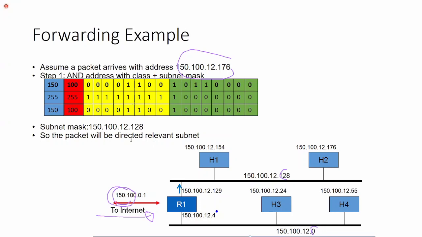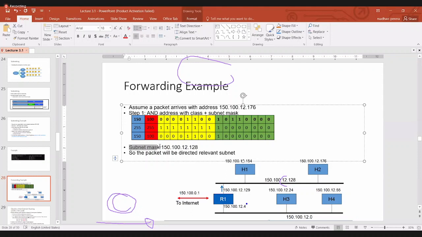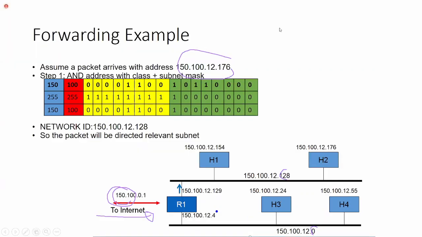Please make this not subnet mask, it should be a network ID. Right, please correct it. So from the AND operation, you will get the final answer as 150.100.12.128.